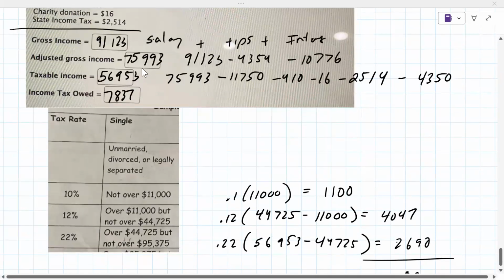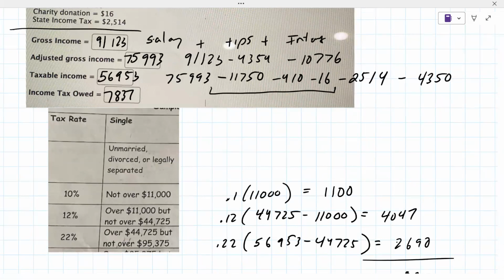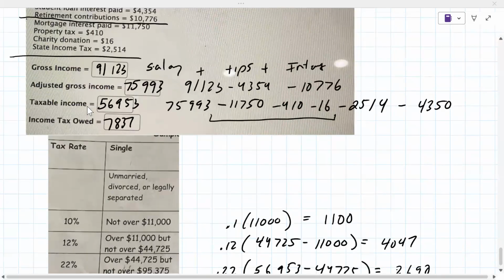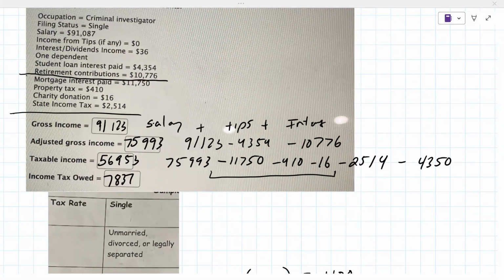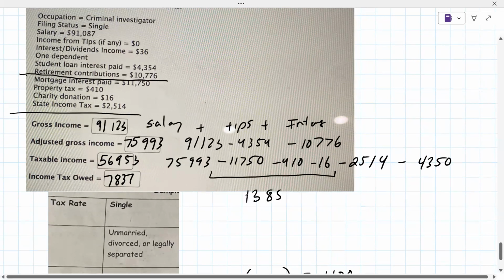So what I'm suggesting is instead of these three numbers here, the standard deduction of this is a single, right? Single would be 13,850. Actually, it looks to me like these definitely don't make that.